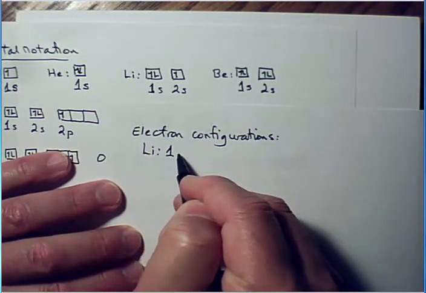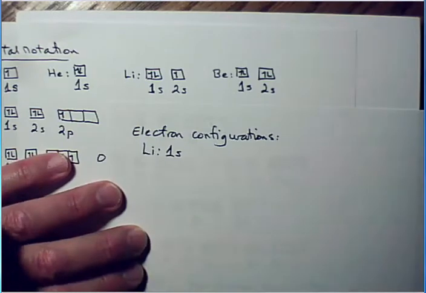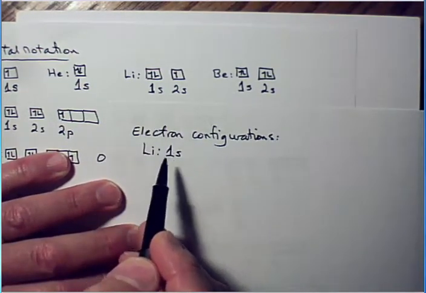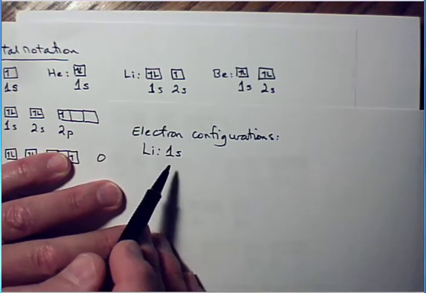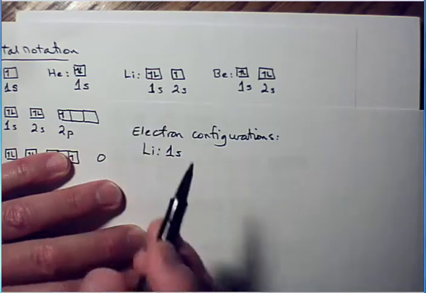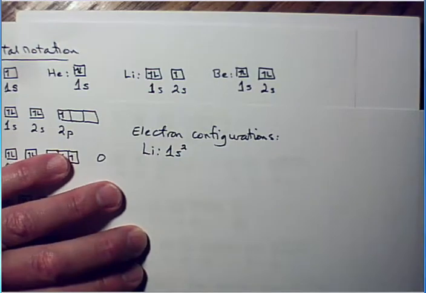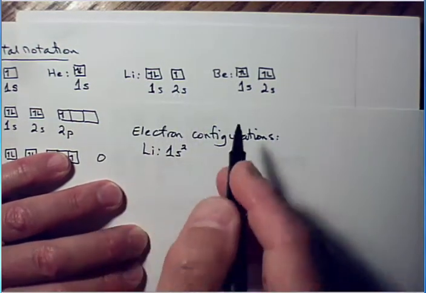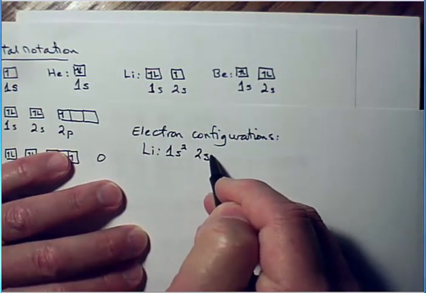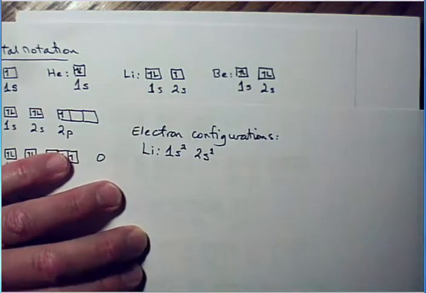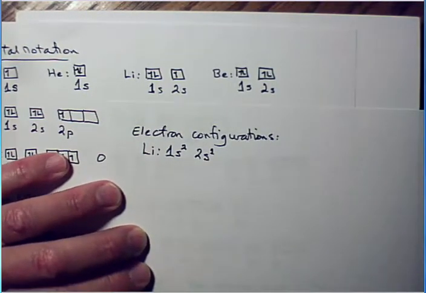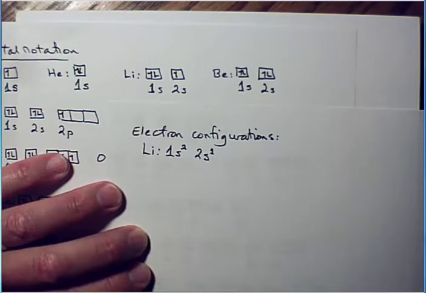We're going to write 1s on the same line as the symbol for lithium. Instead of dropping it down as we did up here, we write it on the same line. We count all the electrons in 1s and write that as a superscript. Then we do the same thing for 2s, only in 2s there's only one electron. And that's the electron configuration for lithium.